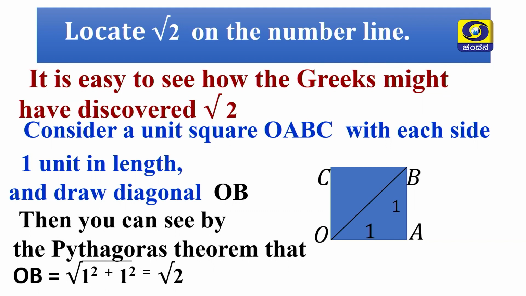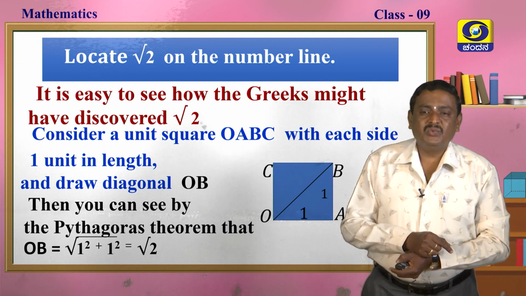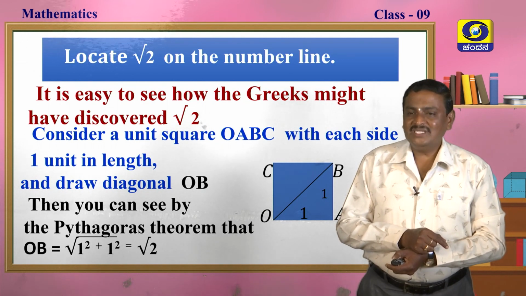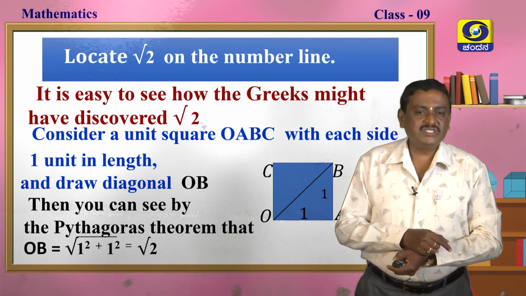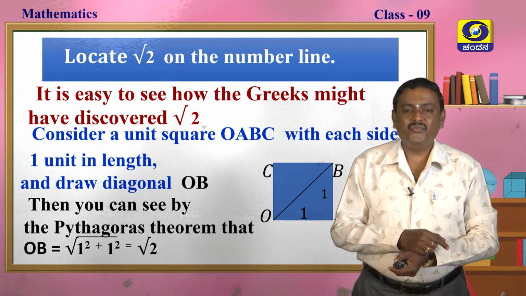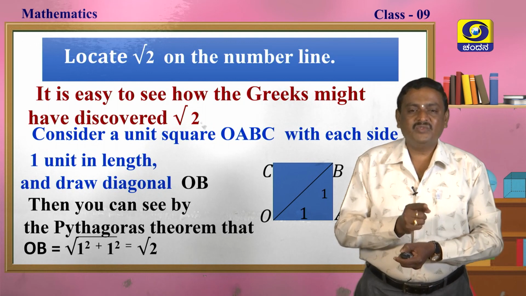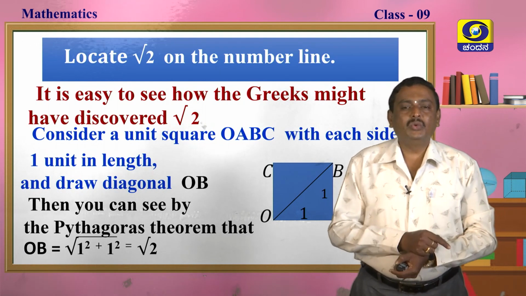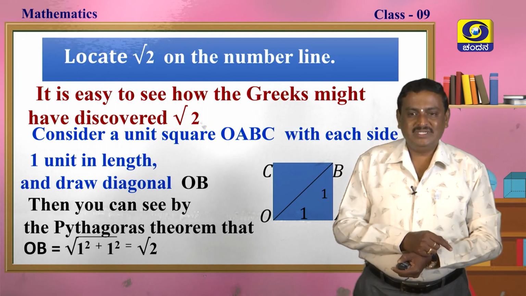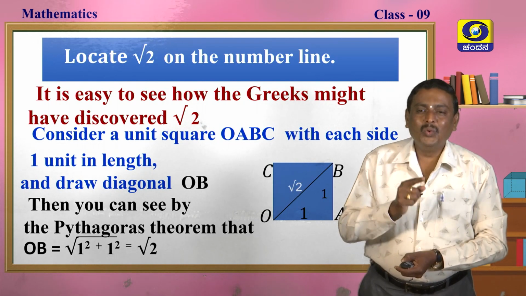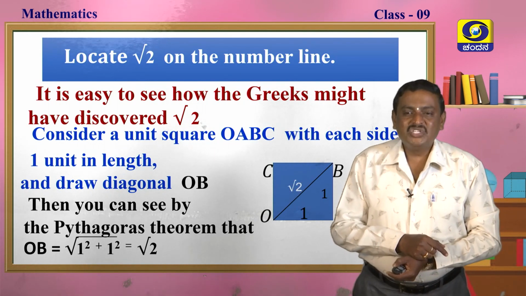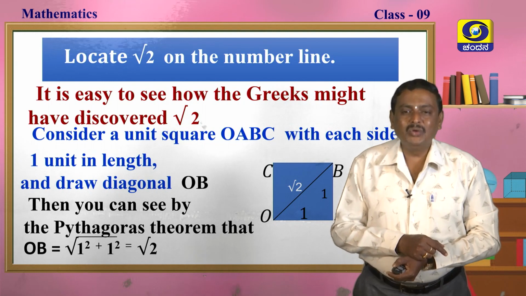So, OB square is equal to 1 square plus 1 square. Take square root on both sides, OB is equal to square root of 1 square plus 1 square. 1 square is 1 and another 1 square is 1, 1 plus 1 is 2. So, it is root 2, my dear students. So, the measurement of OB here is root 2.